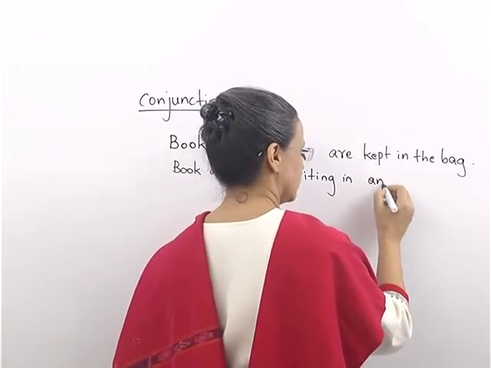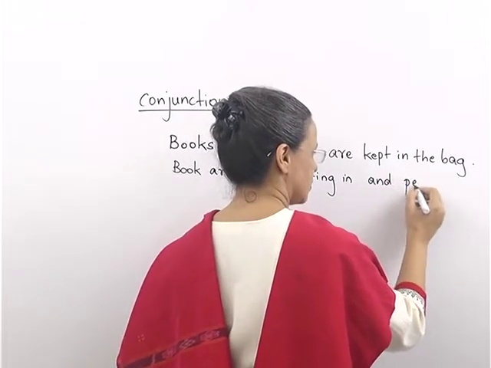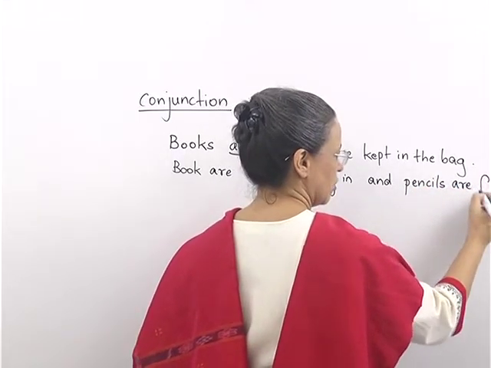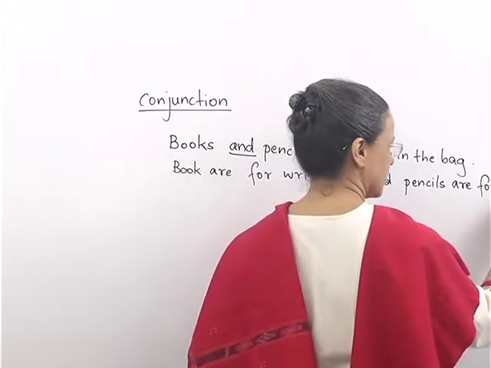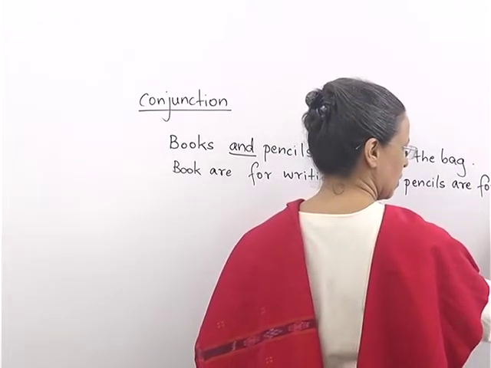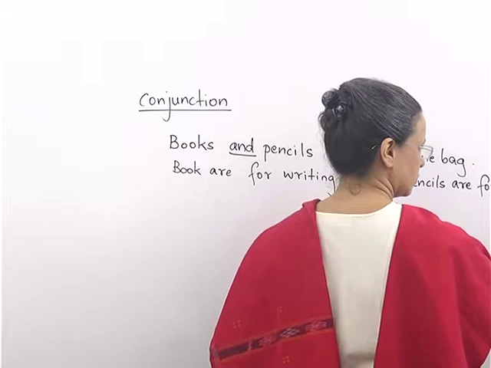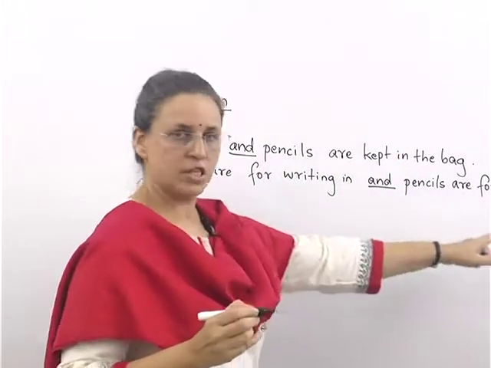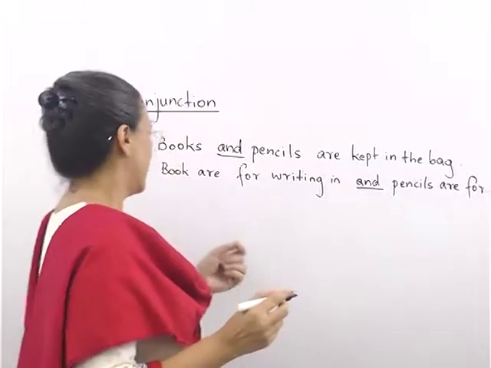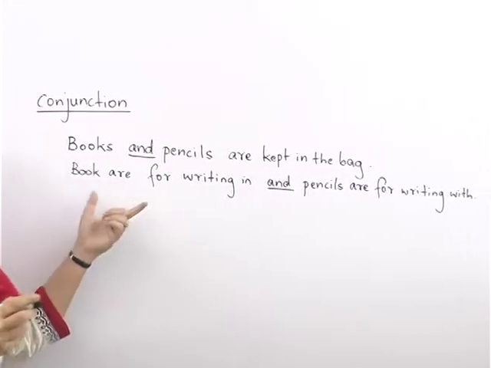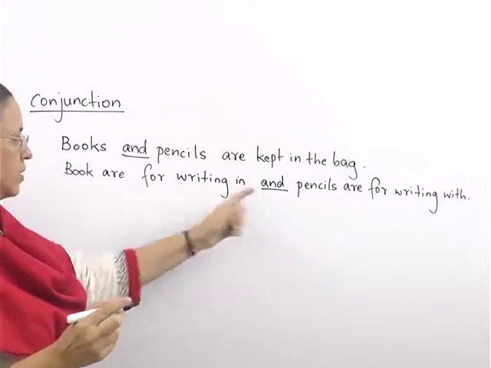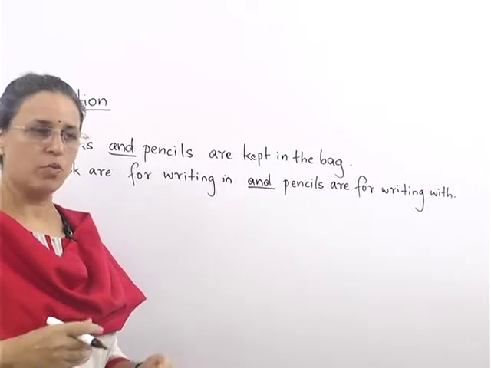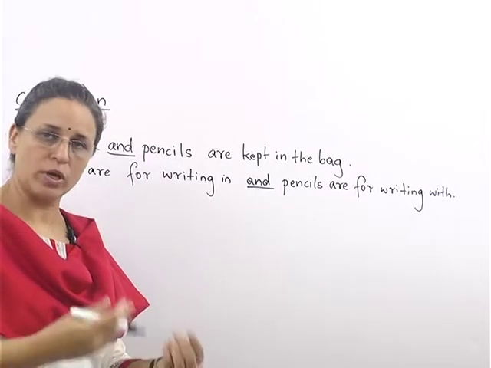And pencils are for writing with. That means we write with a pencil. So, pencils are for writing with is one sentence and books are for writing in is one sentence. So, this and is joining two sentences. And is always when you want to say one thing and one more thing.